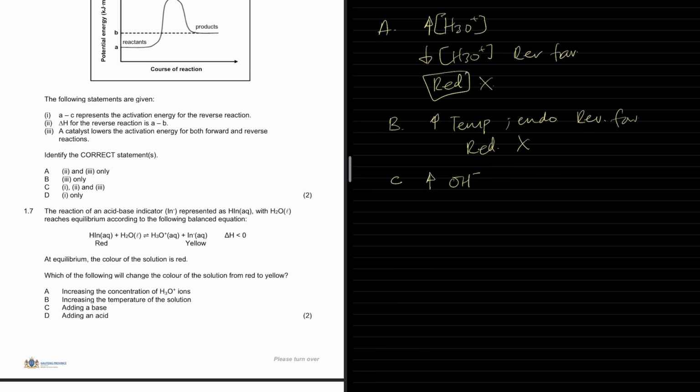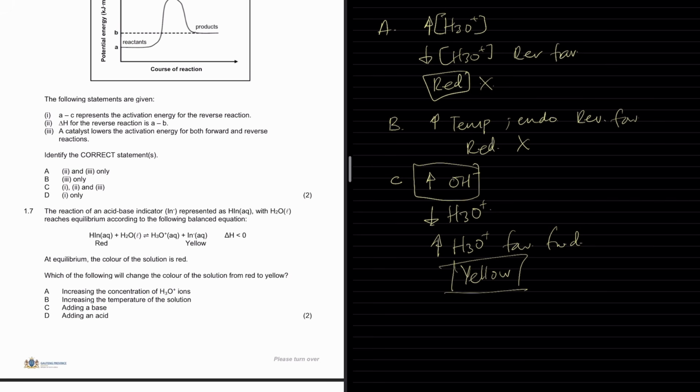So in other words, if I'm increasing the OH-, I am decreasing the H3O+. If I decrease the H3O+, the system will want to increase the H3O+. That's going to favor the forward reaction, and the forward reaction is yellow. So we're going to have a yellow color. That's what we want. The answer is C.